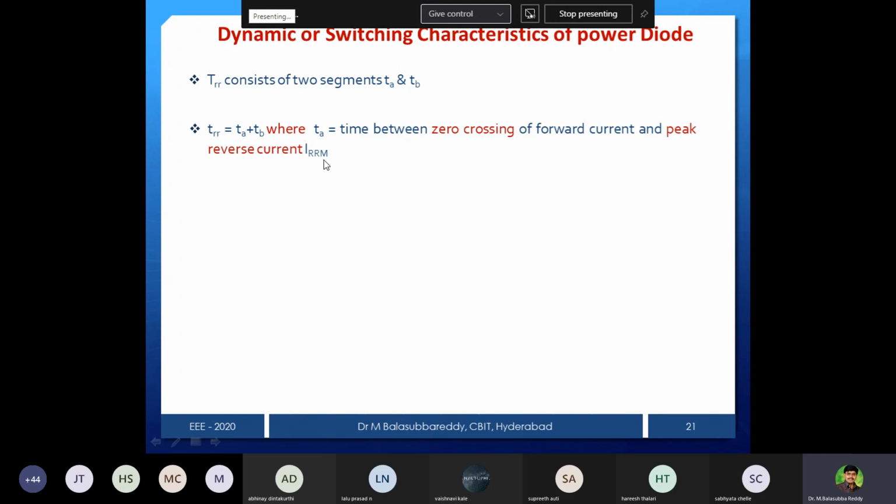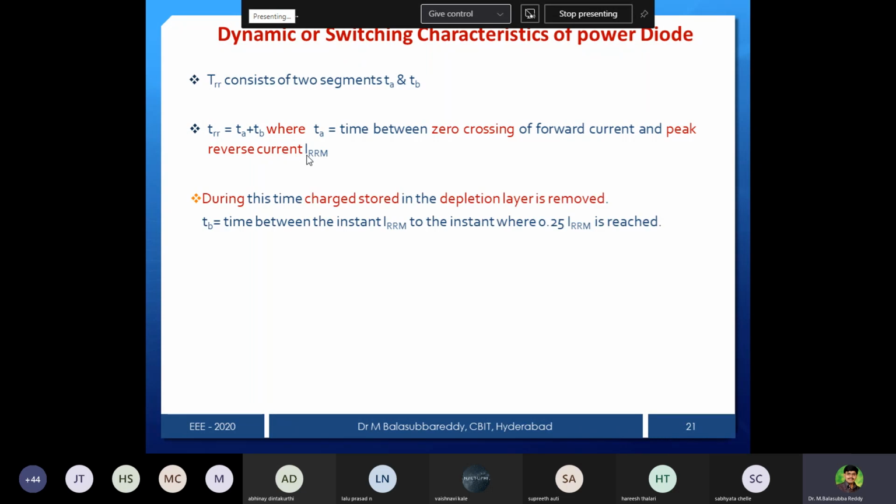Under reverse bias condition, that current appears and develops up to the maximum. During this, the charge stored in the depletion layer is removed. Our intention is to remove that, which is why we apply reverse voltage across the device.